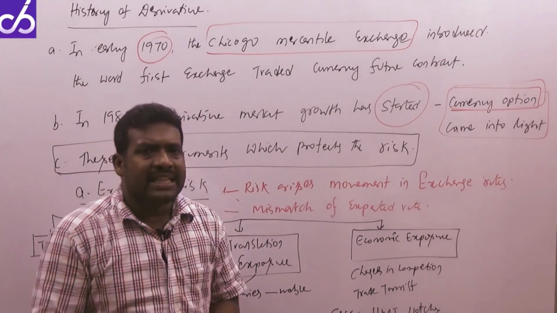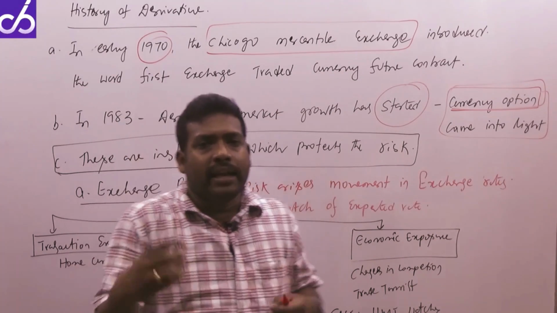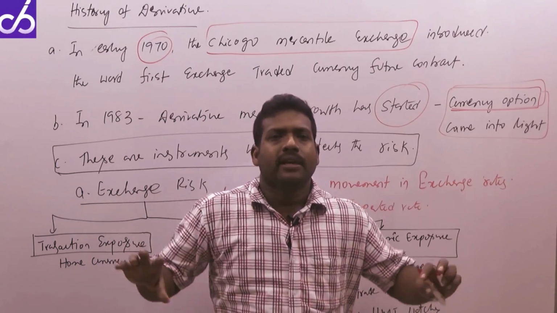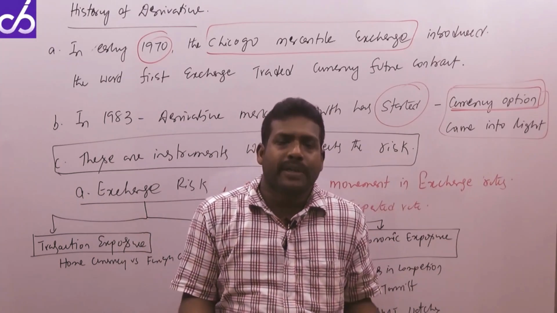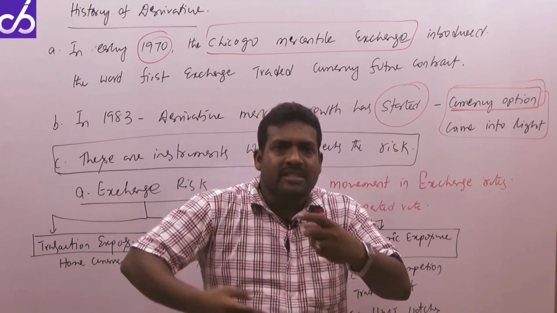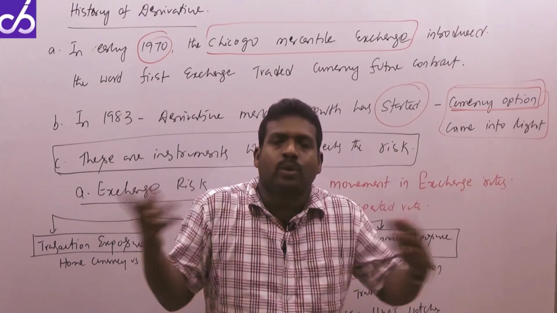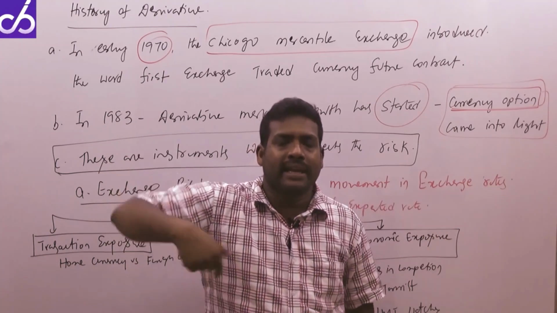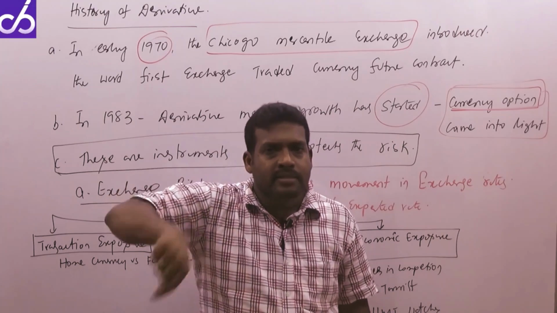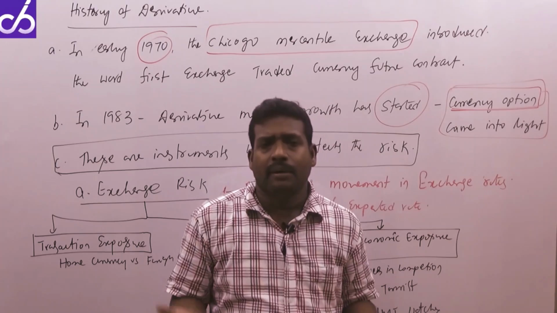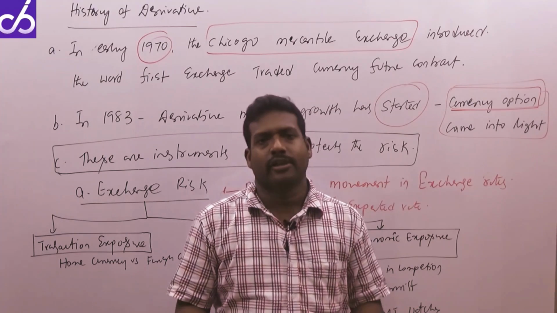So when complexity increases in business, in order to resolve that complexity, different types of mutual agreements come into the picture. That is the nature. As business started to grow from country to country, complexities and risks increased, and derivatives have become a very stagnant instrument in the current scenario.